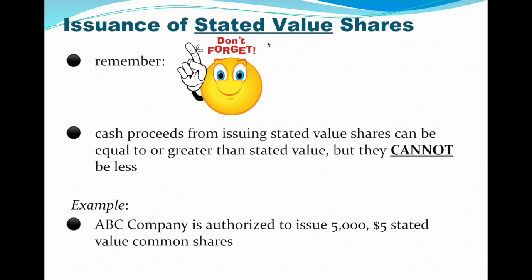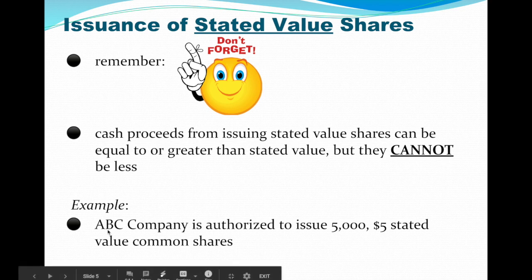So essentially, a company is saying that the shares have this value. It could go higher than that. Who knows? If the company does really well, the value of those shares will skyrocket. But if the company does very poorly, the stated value is sort of the price floor, if you will, and the value cannot be less than that.